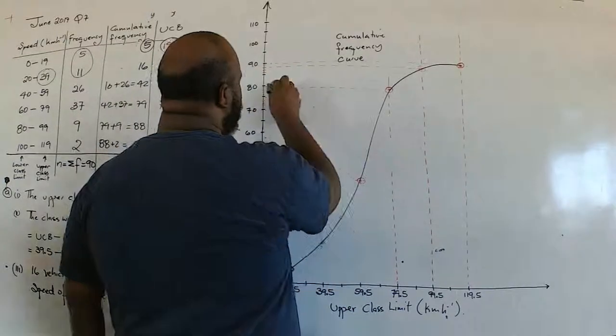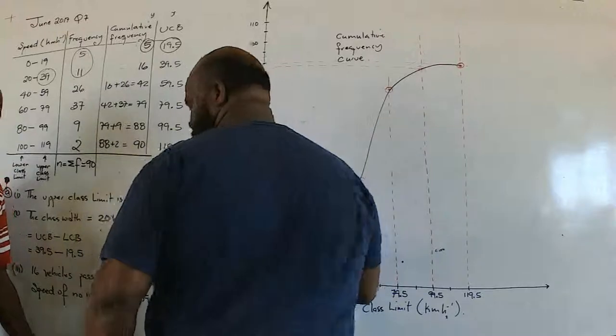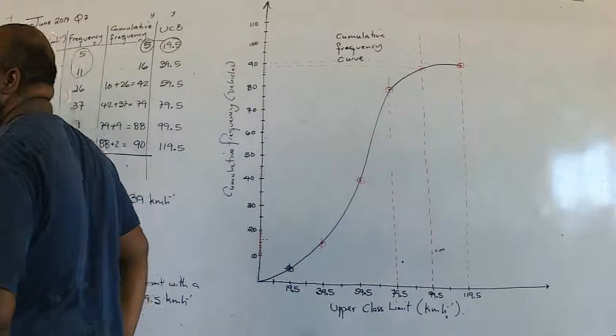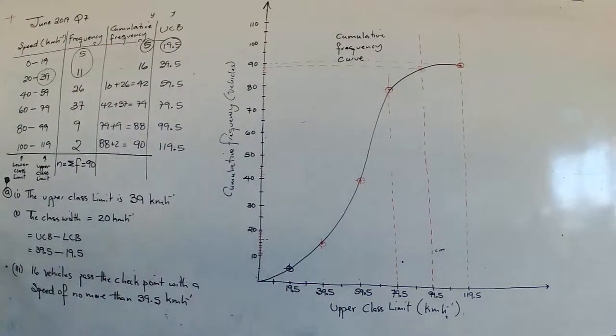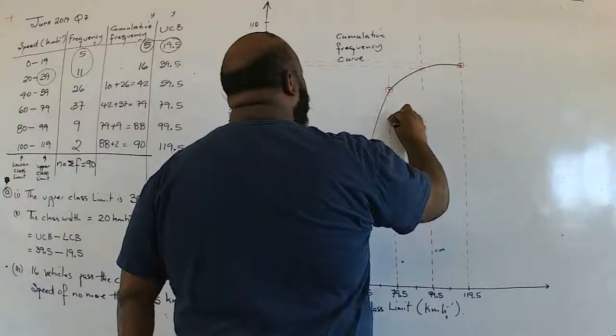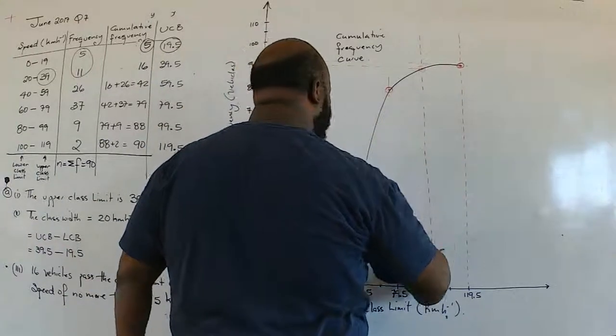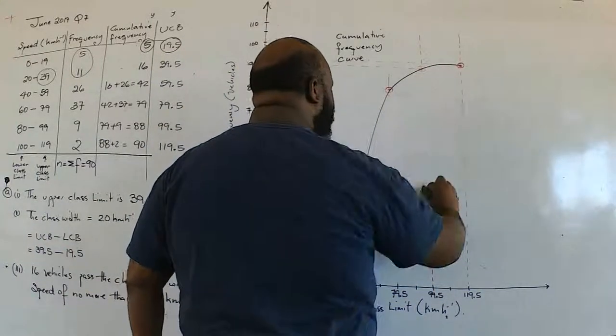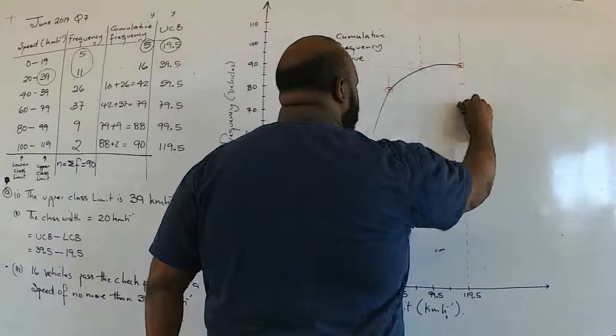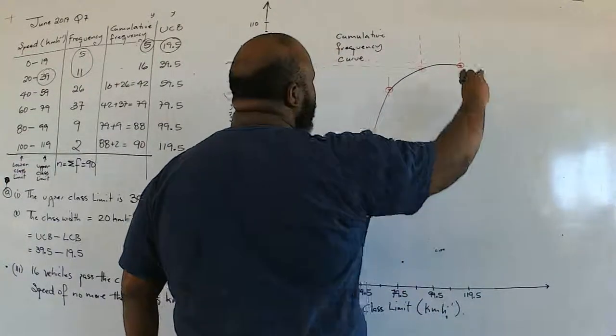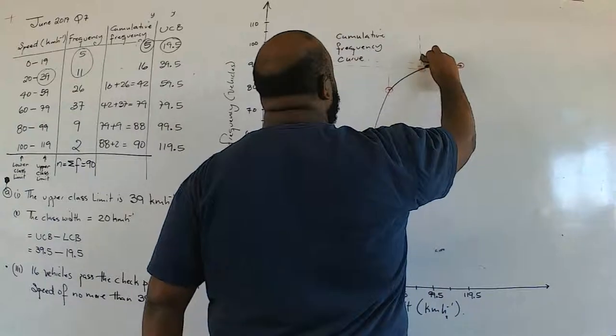How many vehicles were in this survey? Or how many vehicles passed the checkpoint? 90 vehicles. 50% of that would be what?